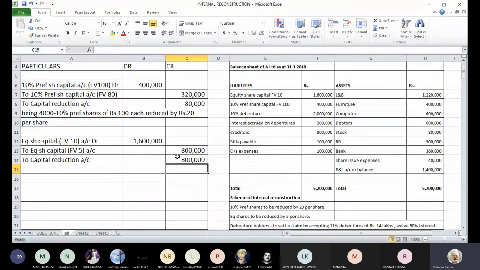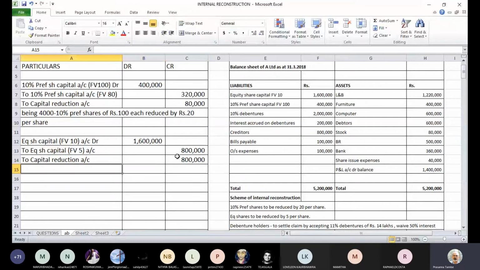Number of shares have remained same. What changes is face value from 10 to 5 and paid up value also from 10 to 5. So the benefit of 5 rupees per share, in respect of 8 lakhs rupees, has gone to capital reduction.